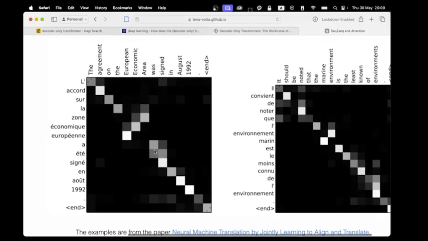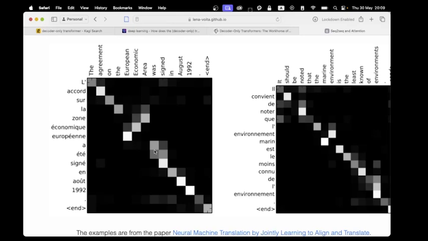This picture is often shown as a pro of attention, that it allows us to learn this kind of mapping, which is important for translation.